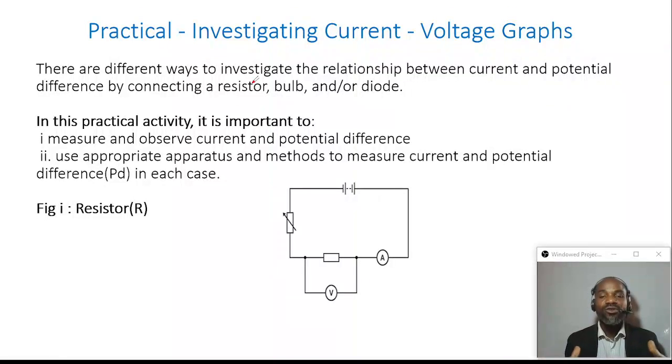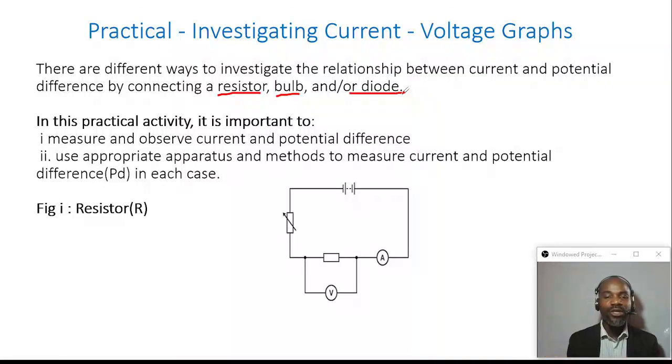One of such ways is using a resistor, okay? We can use a resistor, we can use a bulb, we can use a diode, all right? So there are three ways that can be used to investigate current voltage graphs.